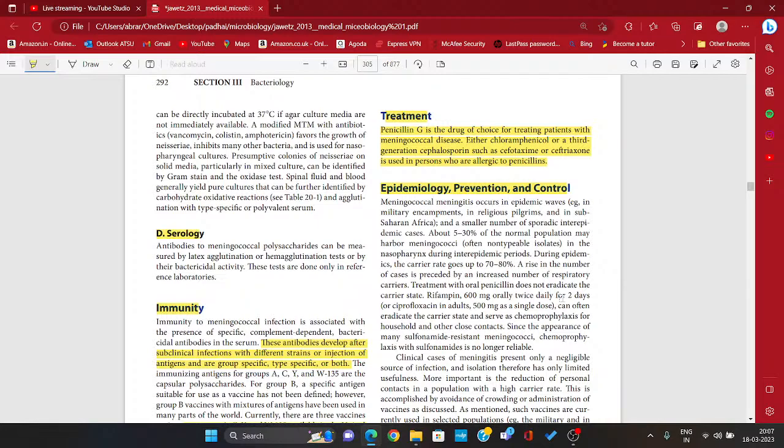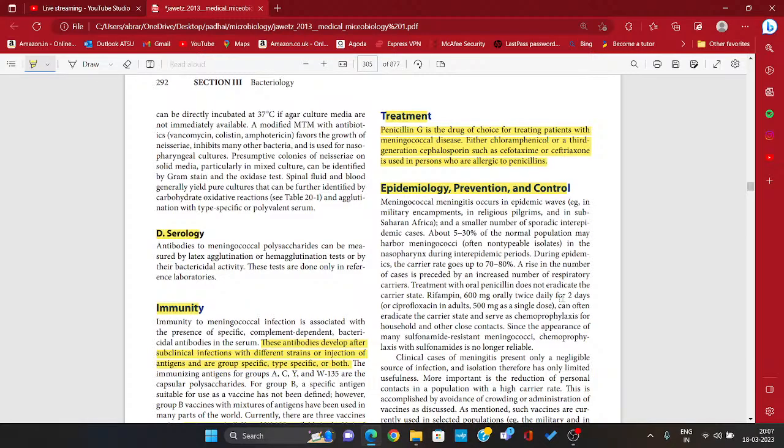Epidemiology, prevention, and control. Meningococcal meningitis occurs in epidemic phase, for example in military encampments, among religious pilgrims, and in sub-Saharan Africa, and as a smaller number of sporadic inter-epidemic cases.